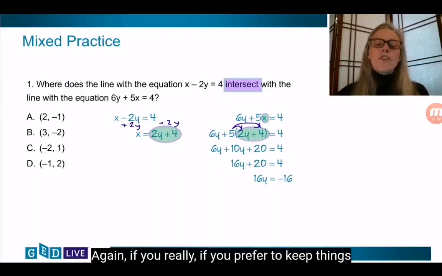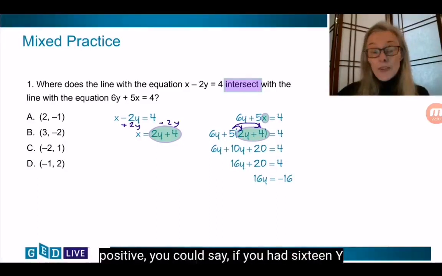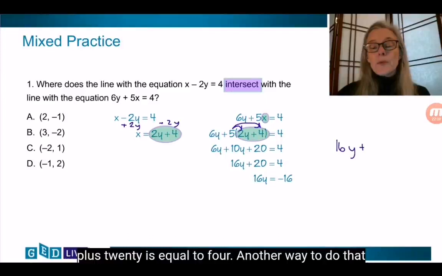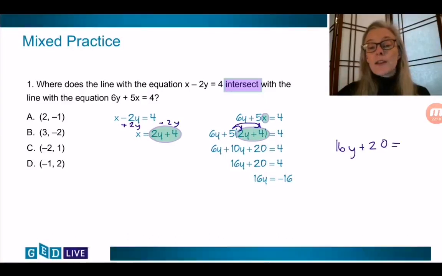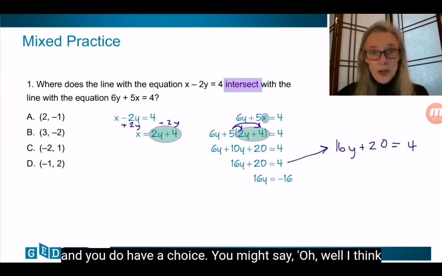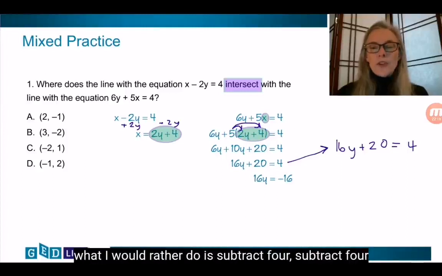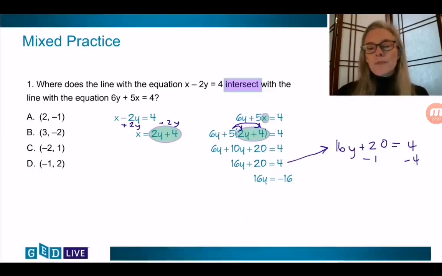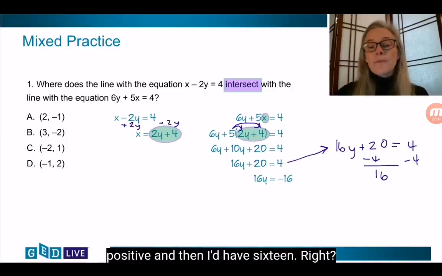Now again, if you prefer to keep things positive, you could say, if you had 16y plus 20 is equal to 4, another way to do that would be, and you might find this arithmetic easier, and you do have a choice, you might say, I would rather subtract 4 from both sides so that my constant remains positive, and then I'd have 16, right?